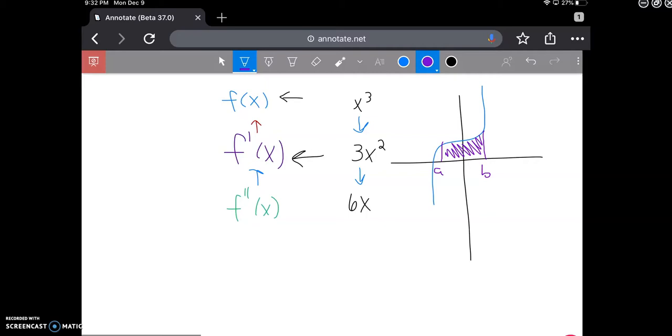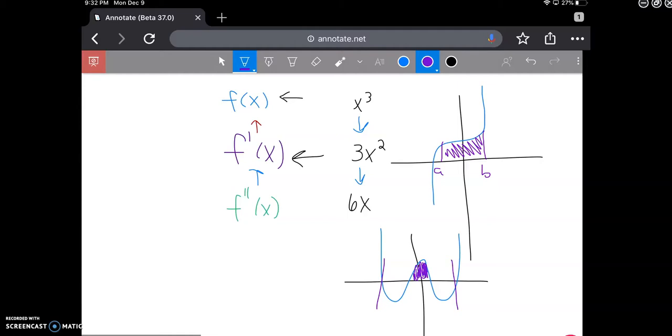The other interesting thing is that this number can be positive or negative, or it could even be 0. Say you have this function and you want to find the definite integral from here to here. What's the area under the curve? This one's pretty easy. What's the area on either side of it?